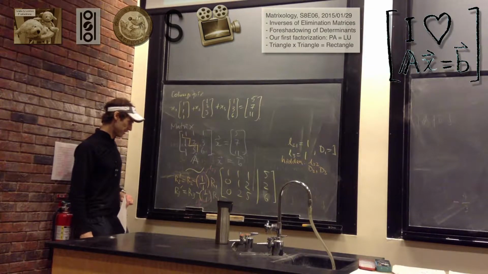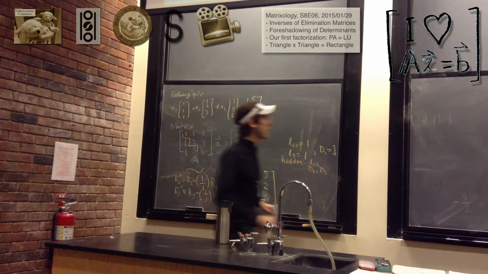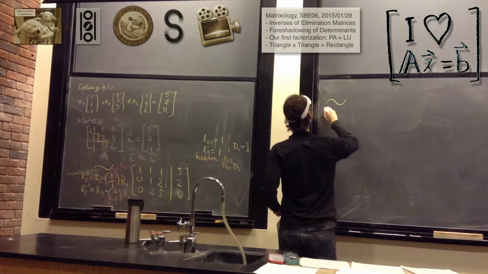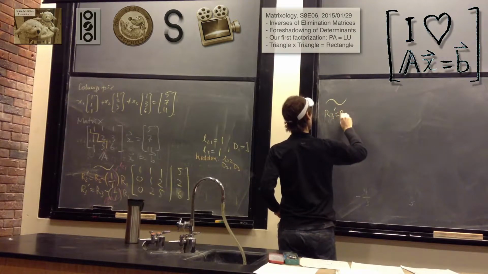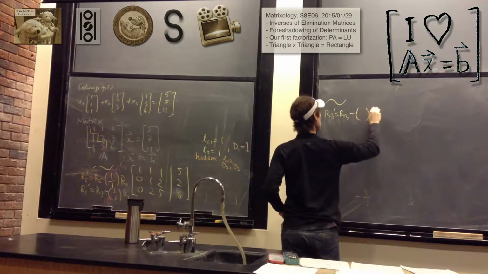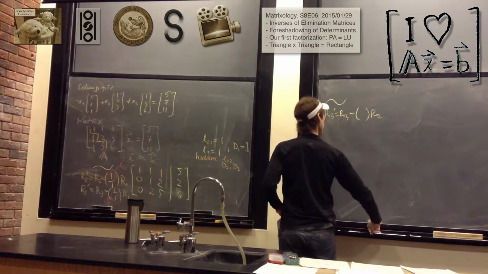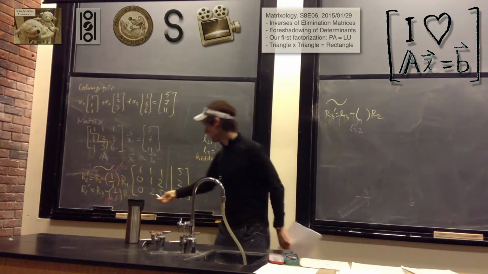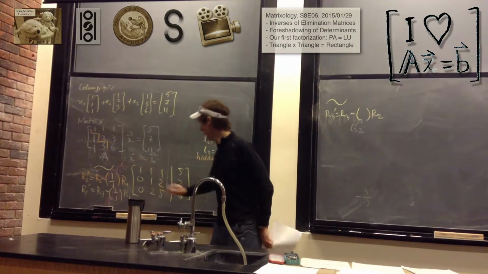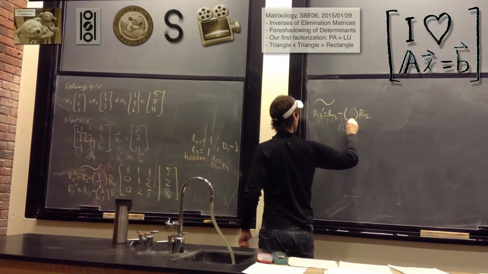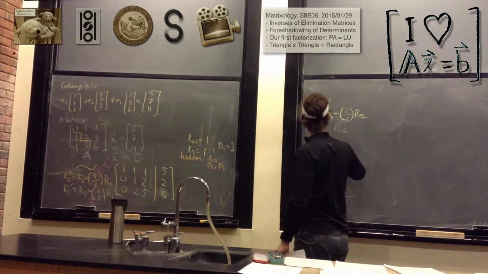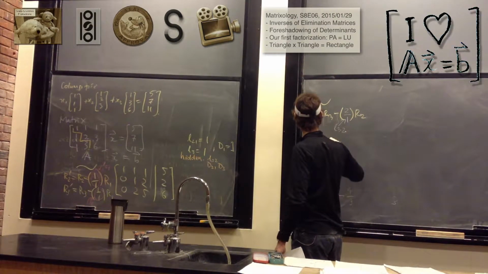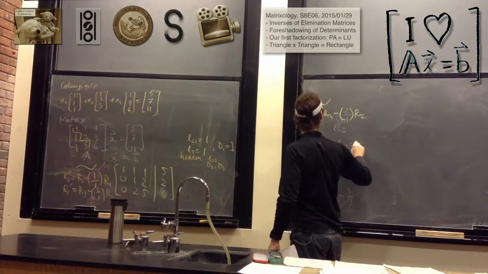Okay, good. One more step. So row 3 prime is row 3 minus something times row 2. And whatever is in here is L32. So it's 2 divided by 1. Now at this point we also have the pivot D2 equal to 1, and L32 equals 2.